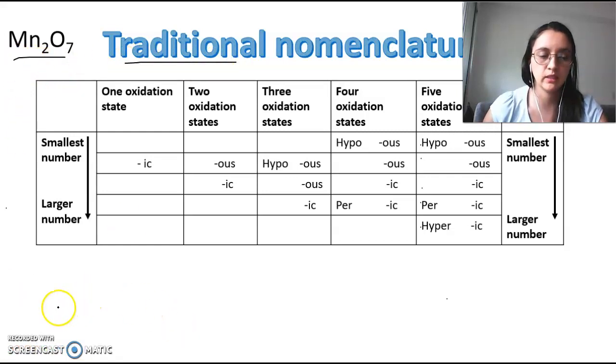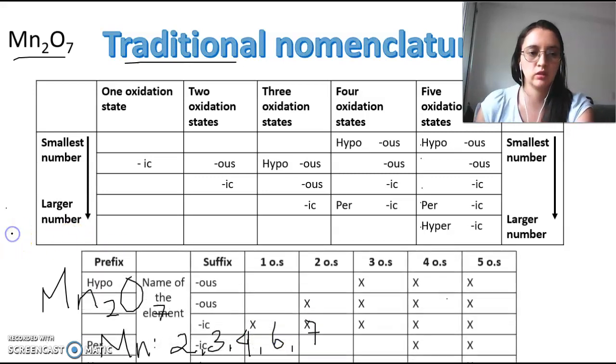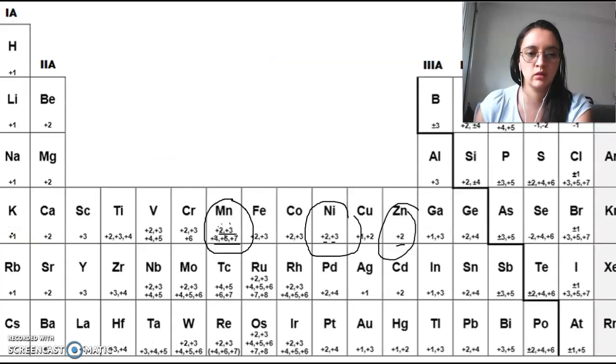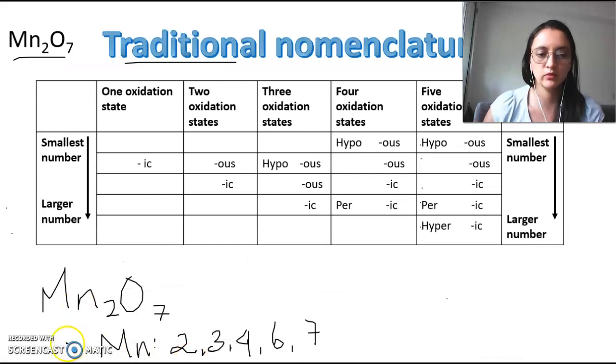So first step I did, determine oxidation states, and also check in the periodic table. I checked in the periodic table, and this element has oxidation states 2, 3, 4, 6, and 7. Let me double check if that's correct. 2, 3, 4, 6, and 7. Yes. Okay, so that's what I did.